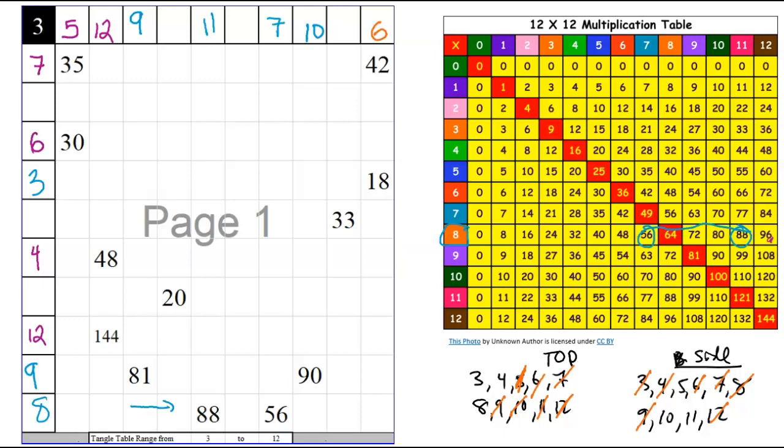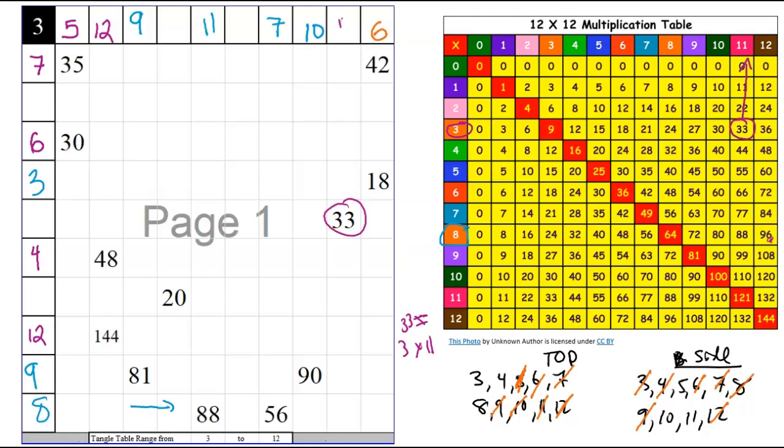Okay, so let's take a look at 33. That's my first number because I don't have any number in that column. So where am I going to see 33 on this board? It looks like right here. So what multiplies to 33? I know that it's 11 and 3. So 33 is equal to 3 times 11.